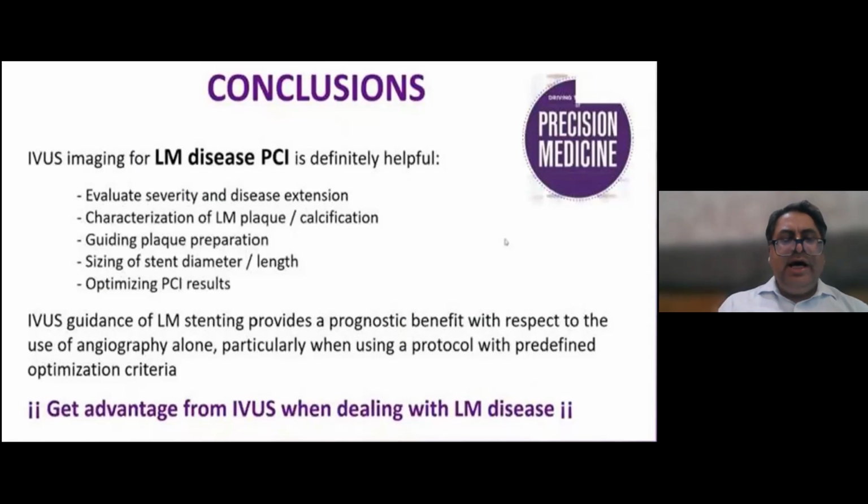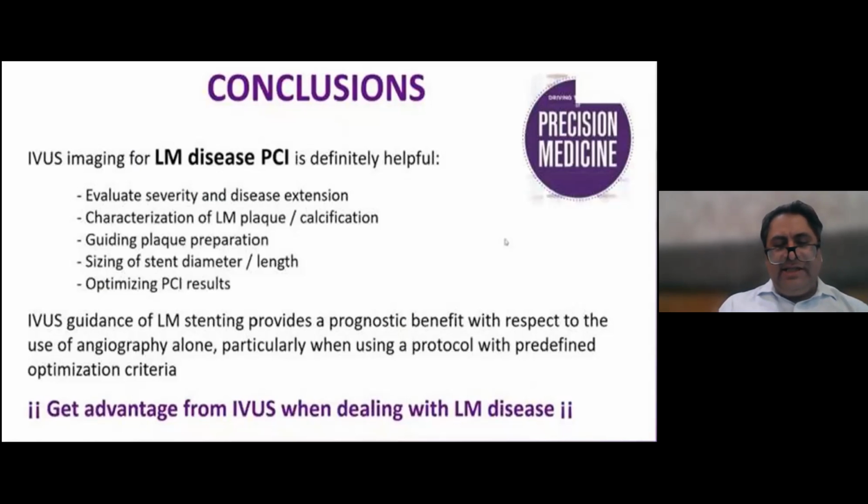So to conclude, IVUS imaging for left main disease PCI is definitely helpful. It evaluates the severity of the disease and its extent. It characterizes the left main plaque and its calcification. It guides us for plaque preparation. It guides us for sizing of the stent diameter and length, and it optimizes our results.